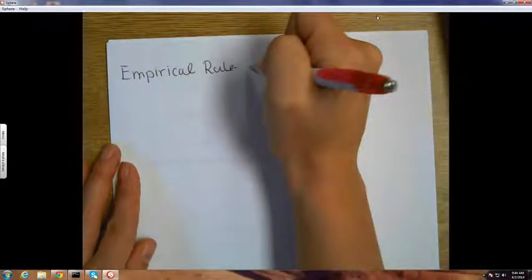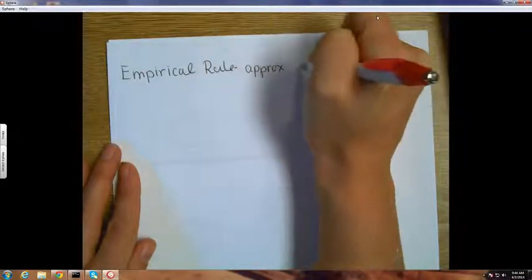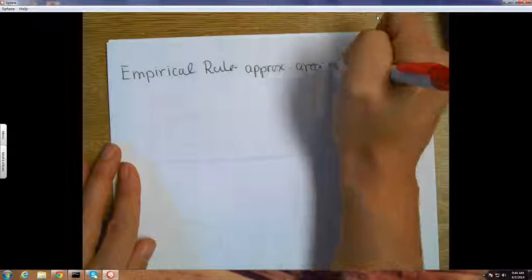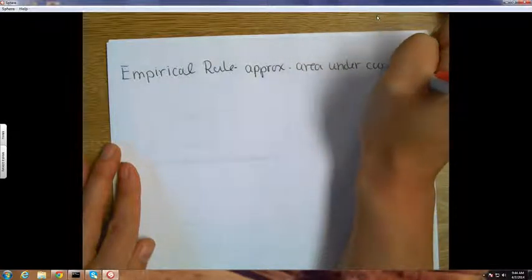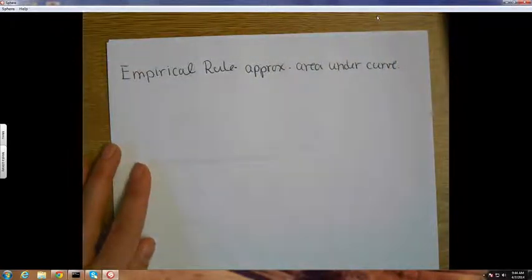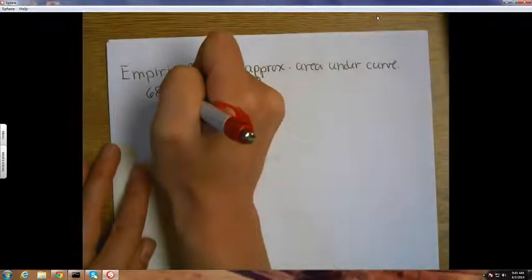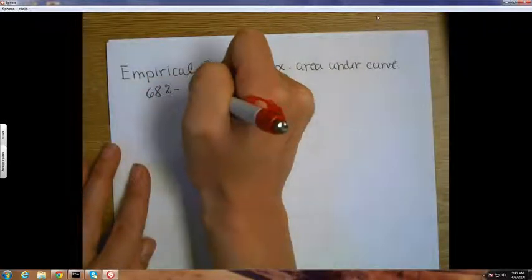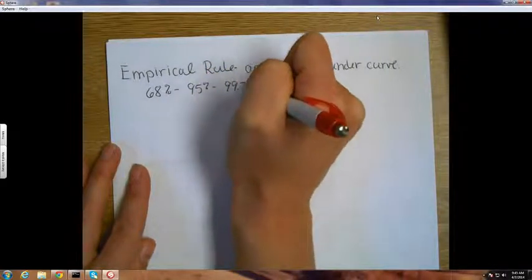Okay, it approximates the area under the curve. That's our 68, 95, 99.7 rule.